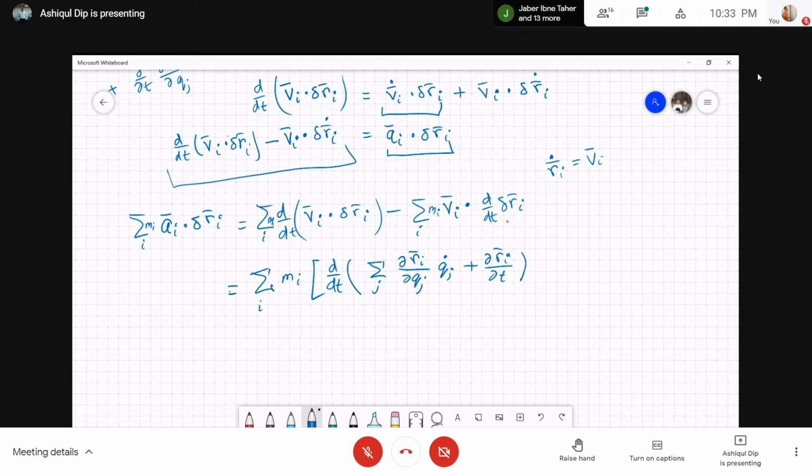This whole thing dotted with the variation of r_i. And what is the variation of r_i? It is nothing but delta r_i by delta q_j, summed over j, times the variation of q_j. You can write it like that.